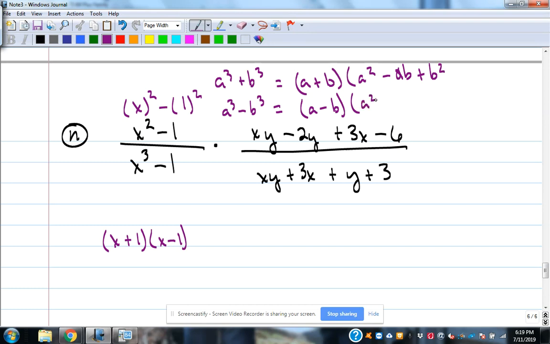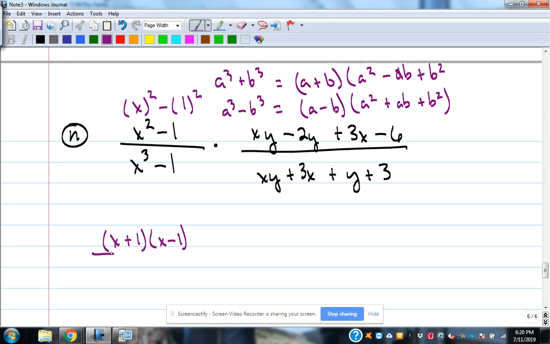This was the pattern that we tried to memorize to be able to do those. So on this one, our a is x and our b is 1, because 1 is 1 cubed. Right? It's the same thing.